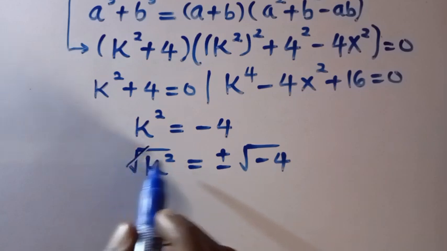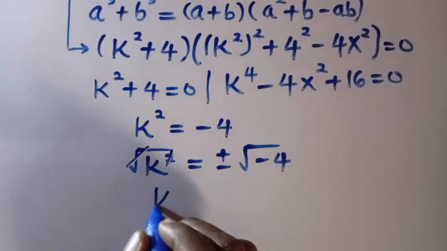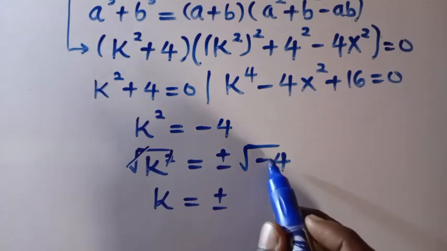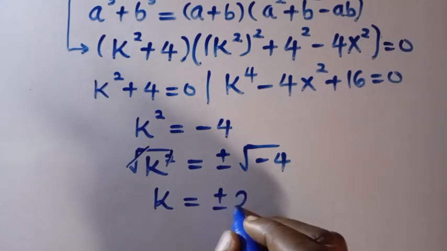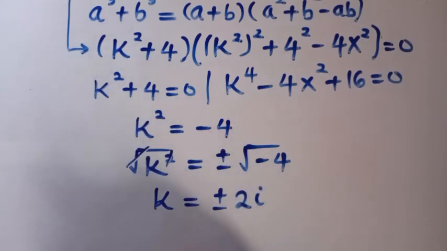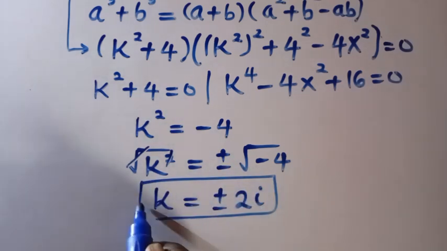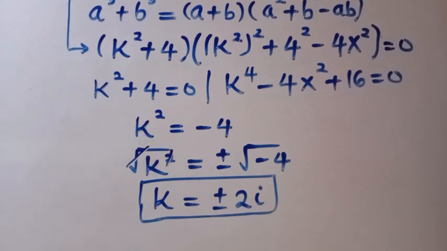And from here, k equals plus or minus, square root of minus 4 gives us 2i. And here is the first solution to the value of k when we consider this one.